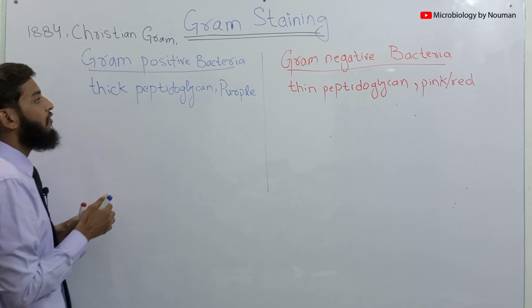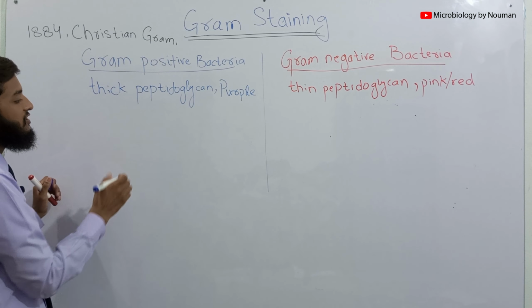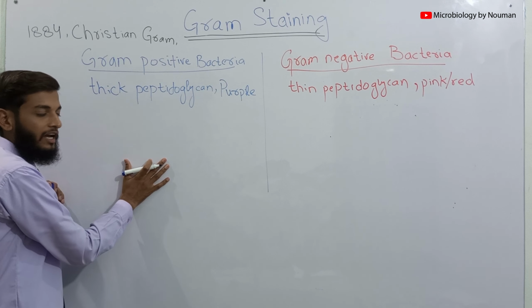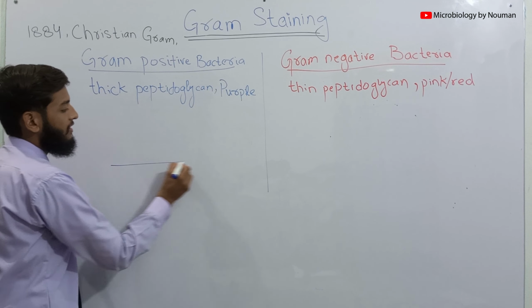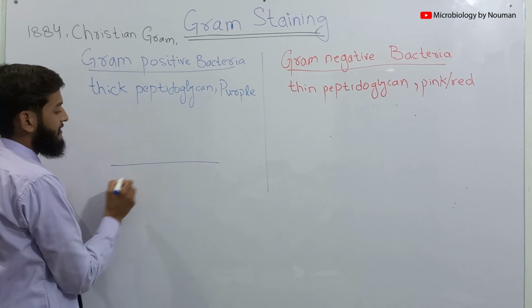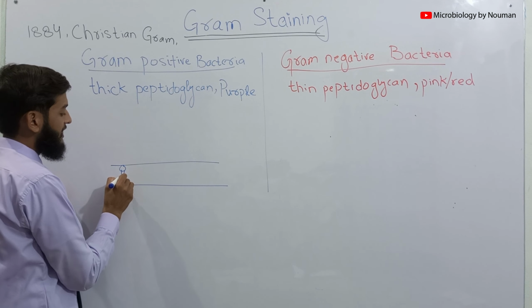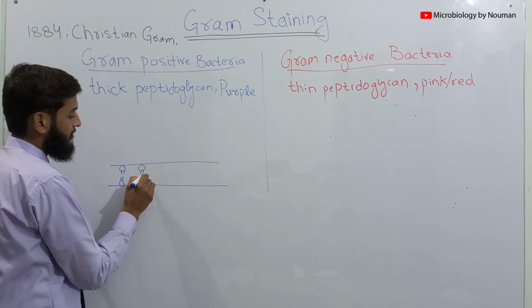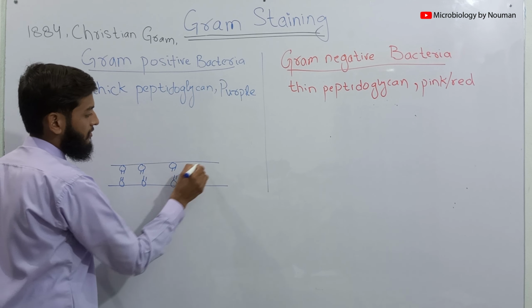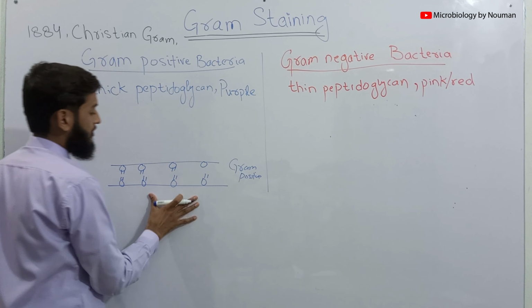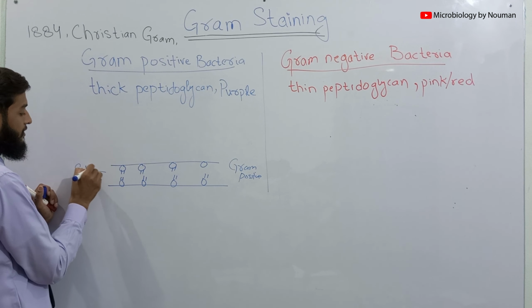If we look at the cell wall and the cellular structure of gram positive bacteria, outside this cytoplasm, cell membrane is present, right? Which is made up of lipids and proteins. This is cell membrane.